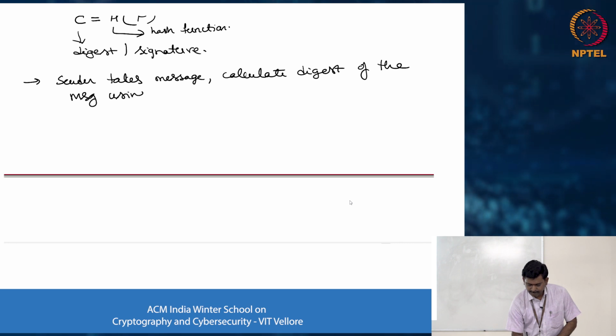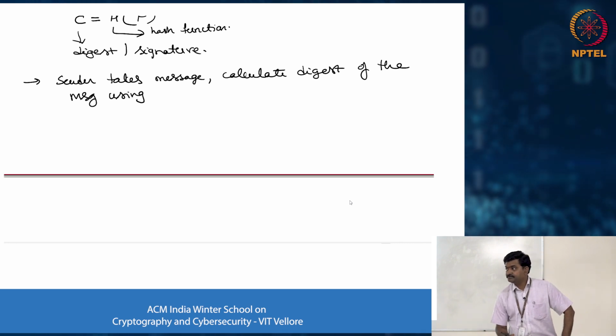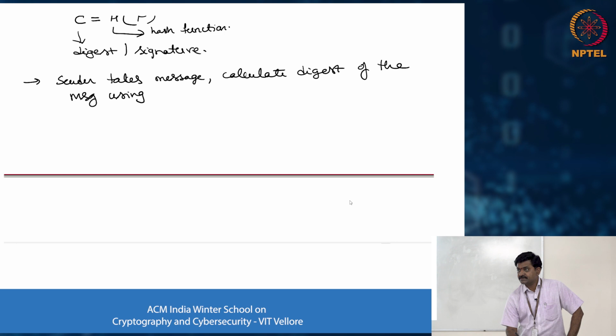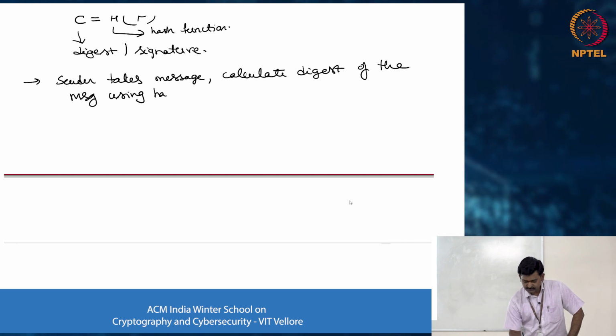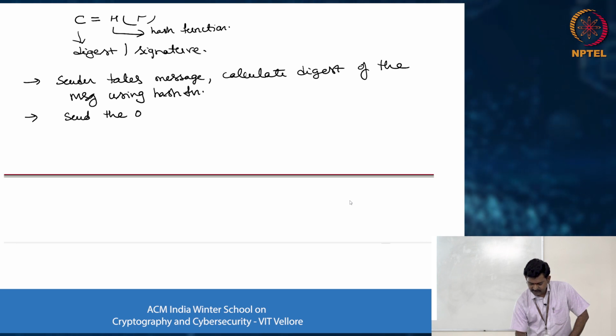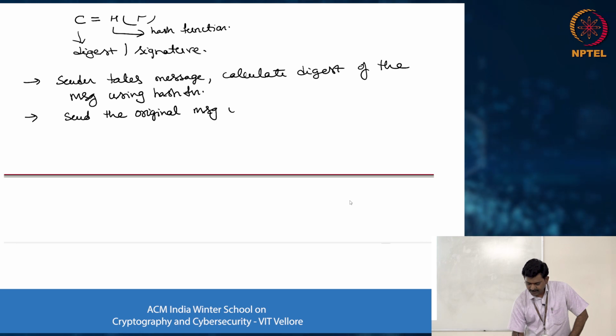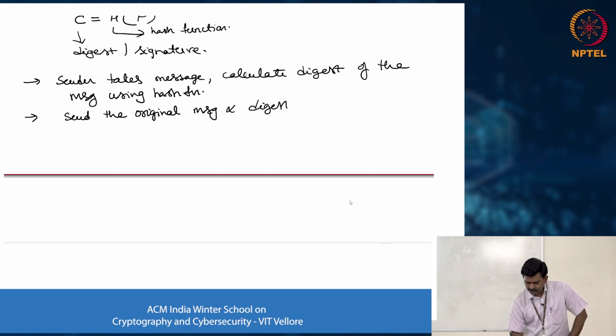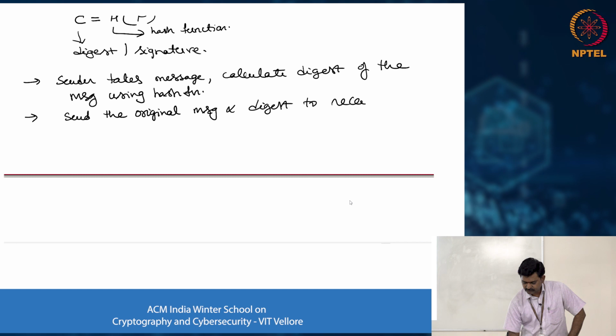How do they calculate the digest? Using a hash function. Then what will he do? Send the original message and digest to the receiver.